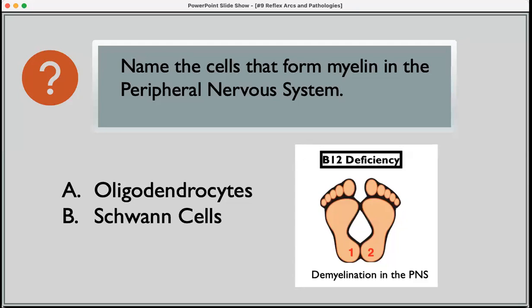Do you remember from previous lectures the cells that form the myelin in the peripheral nervous system? Are they oligodendrocytes, or are they called Schwann cells? The answer is Schwann cells.